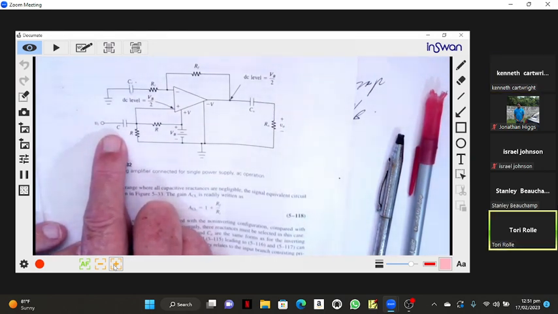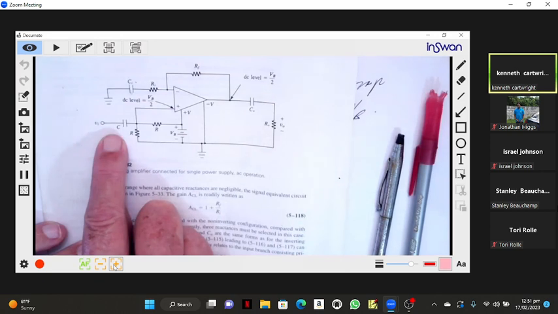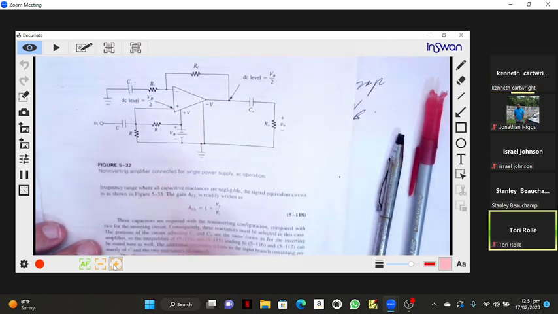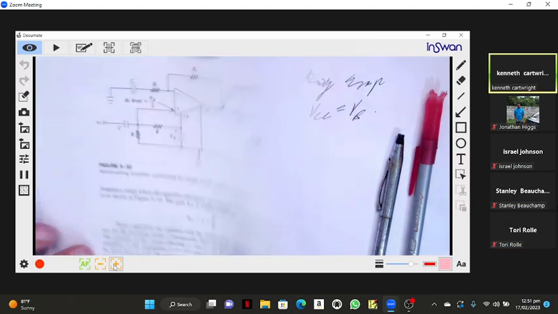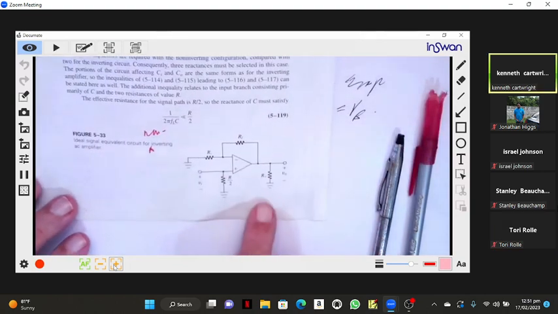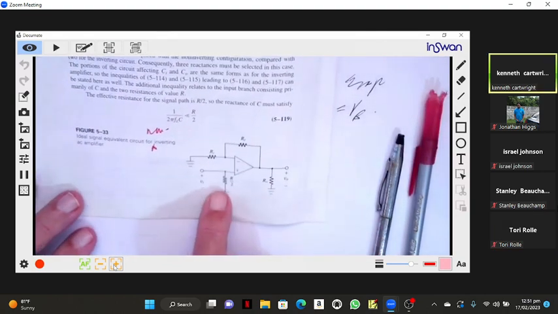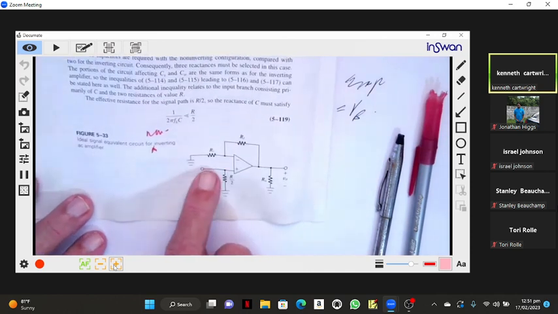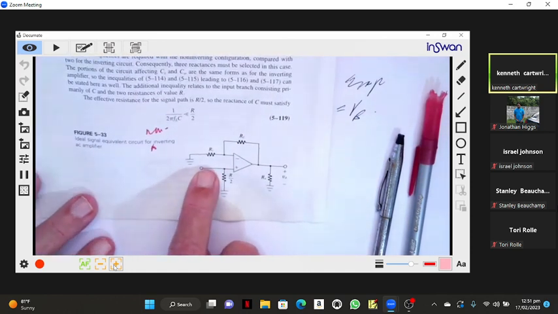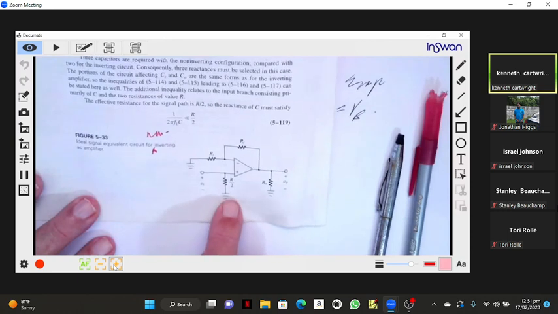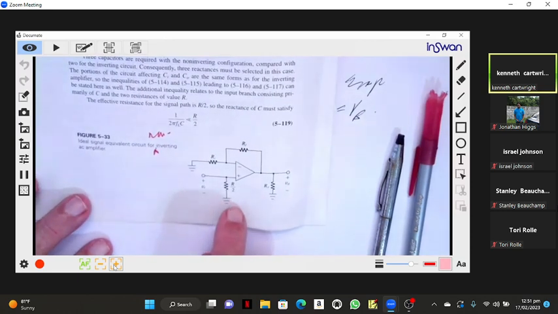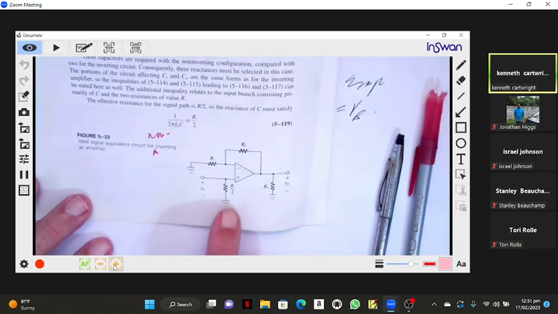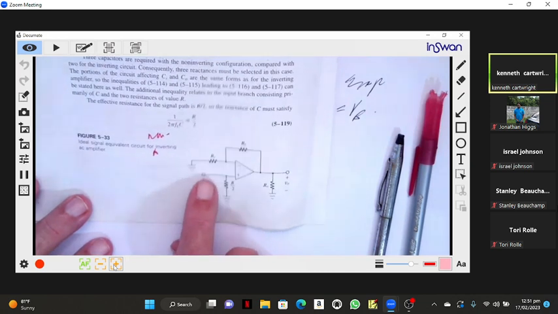Are those both resistors, connected how? In parallel, yes, because this is the AC equivalent down here. This capacitor sees R over 2, so the reactance has to be small compared to R over 2.